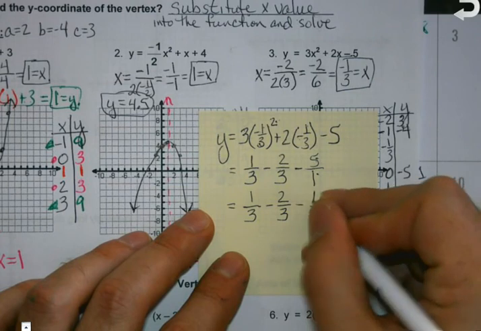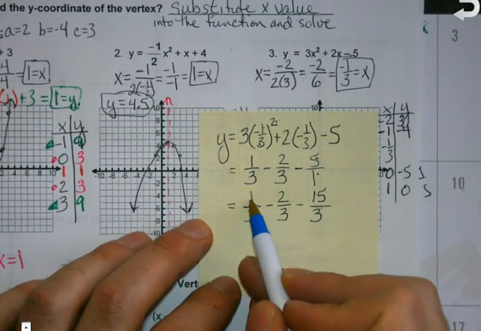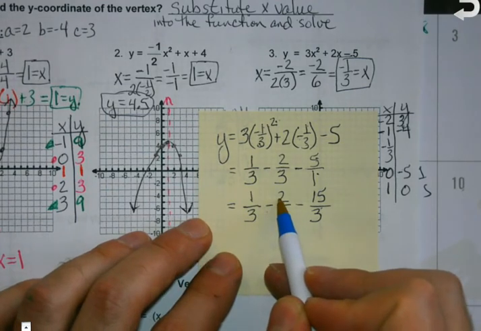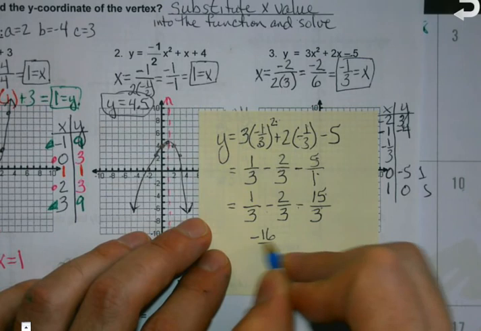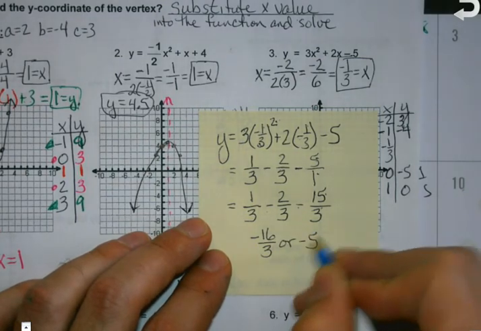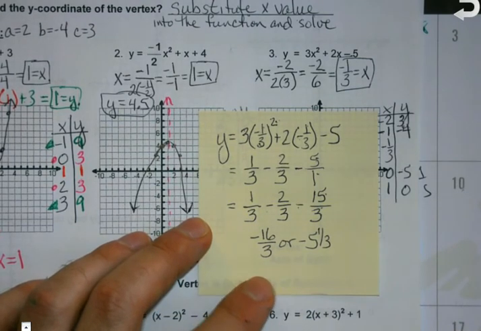So 5 times 3 is 15. Now that I have a common denominator, 1 minus 2 is negative 1, minus 15 is negative 16/3, otherwise known as negative 5 1/3, or negative 5.33. Okay?